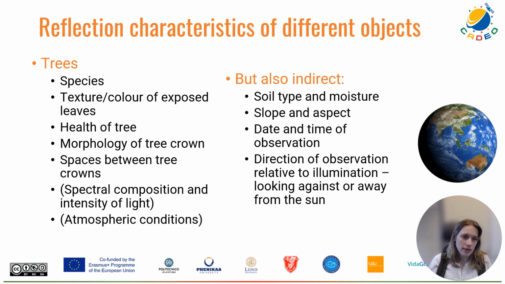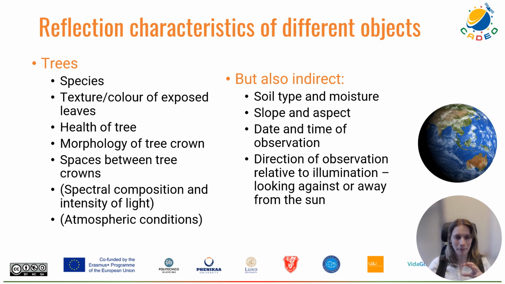So trees, of course, look different depending on what species we're looking at, which also determines the texture or color of the leaves. The health of the tree is important. It also affects how the light gets reflected, and also the morphology of the tree crown, because how does it look?